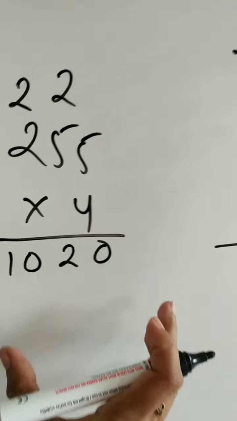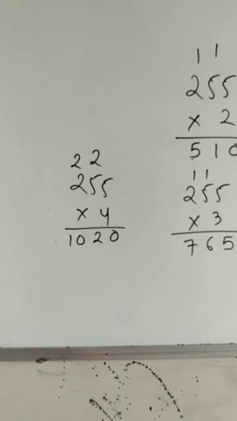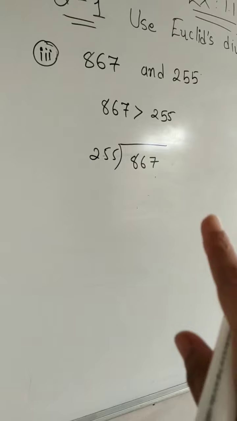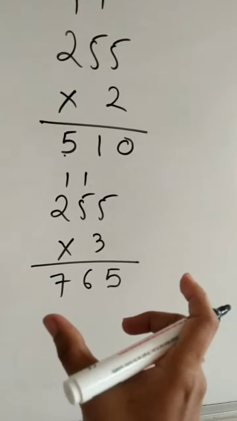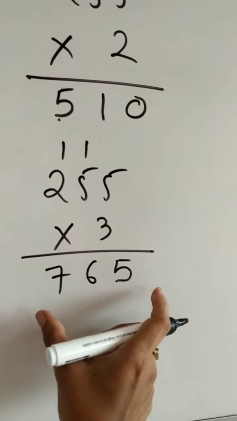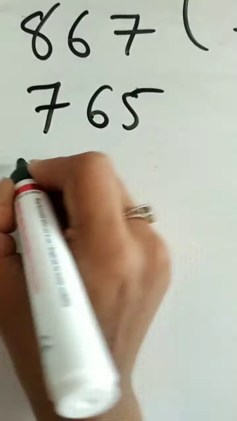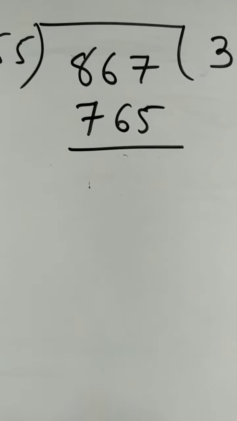So here the number will increase, to 1020, and we got 865. So we will choose this value: 255 threes are 765. Now here we will subtract this.